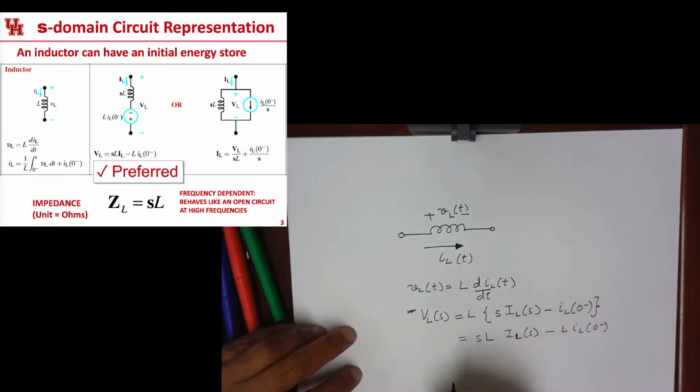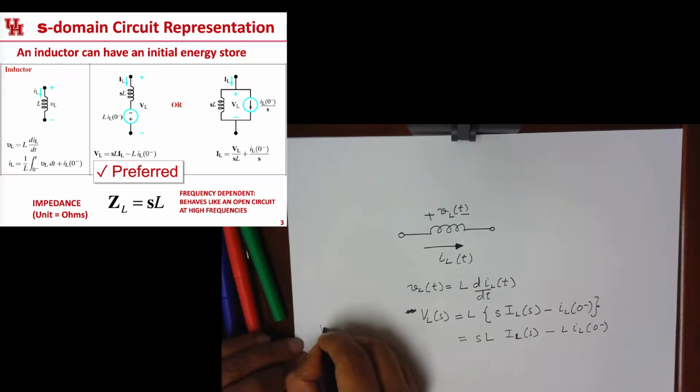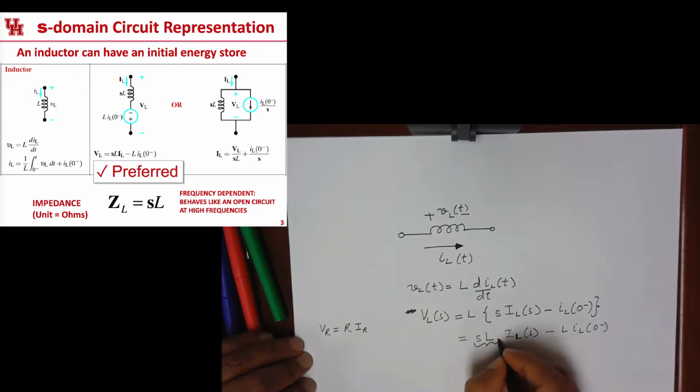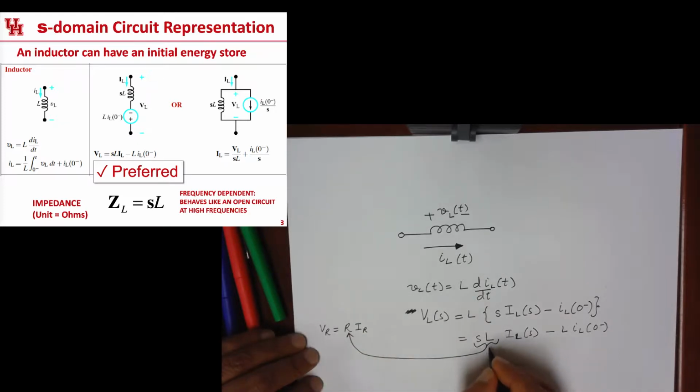If we compare this with the previous equation for the resistor, which was V_R is R times the current through the resistor, we can see that sL is the quantity analogous to the resistance. We call this the impedance for an inductor, and we denote that Z_L. So Z_L is equal to sL.